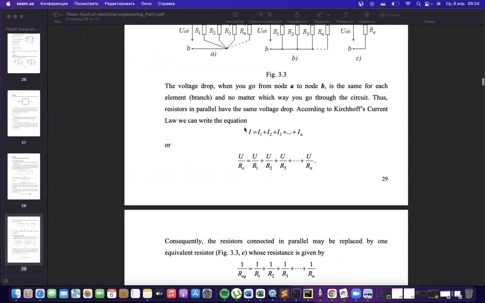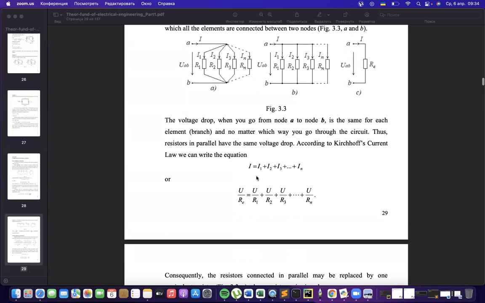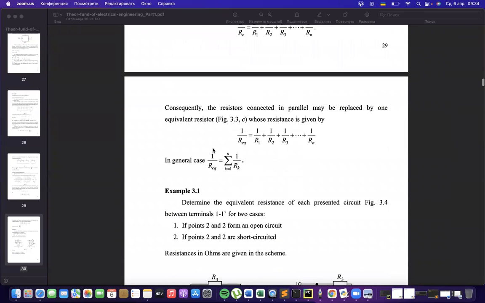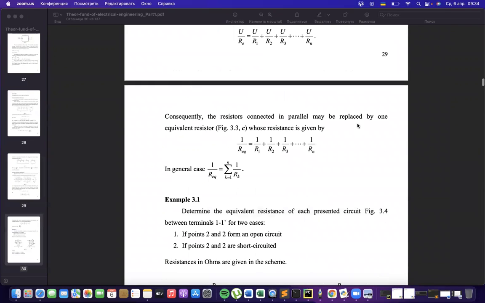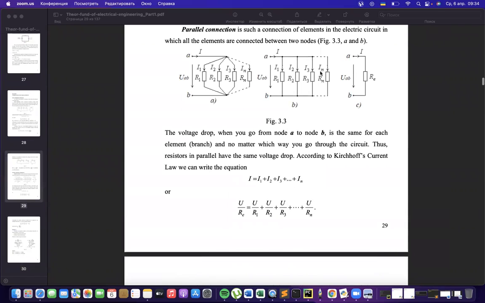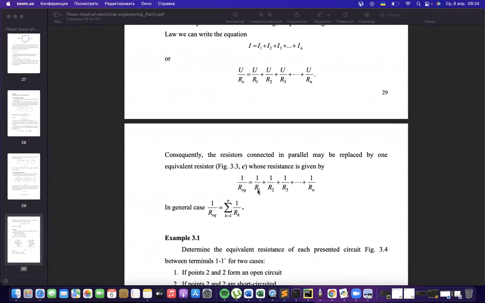If we write the total inflowing current as the algebraic sum of outflowing currents and substitute currents using Ohm's law as voltage divided by resistivity, we will obtain that the conductivity of the total element, as the opposite value of resistivity, 1 over R, equals the sum of conductivities in each branch, 1 over R for each branch.